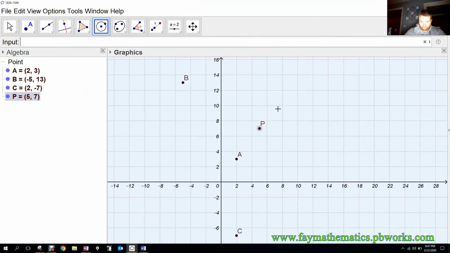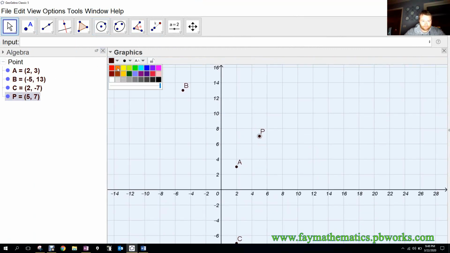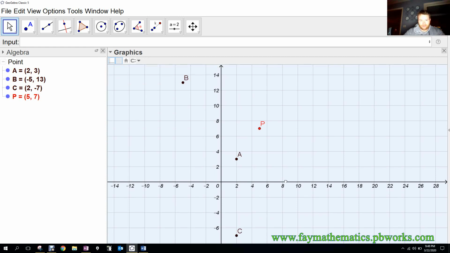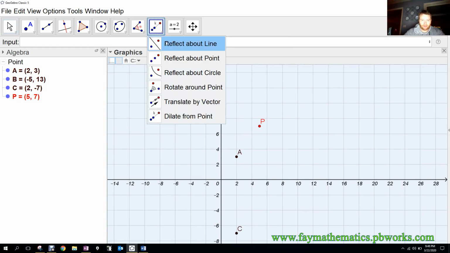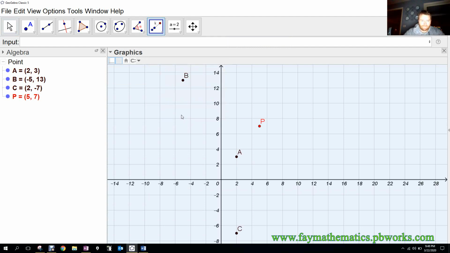Okay, so I'm going to take these 3 points and dilate them by a factor of 3.